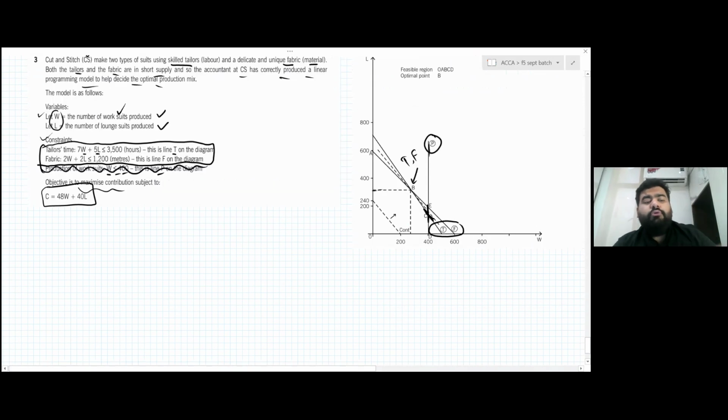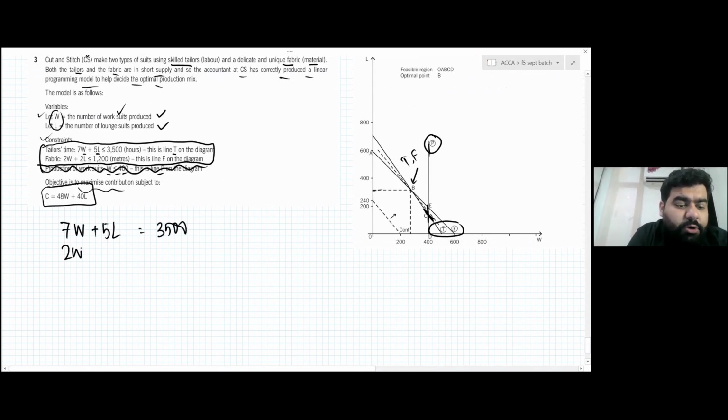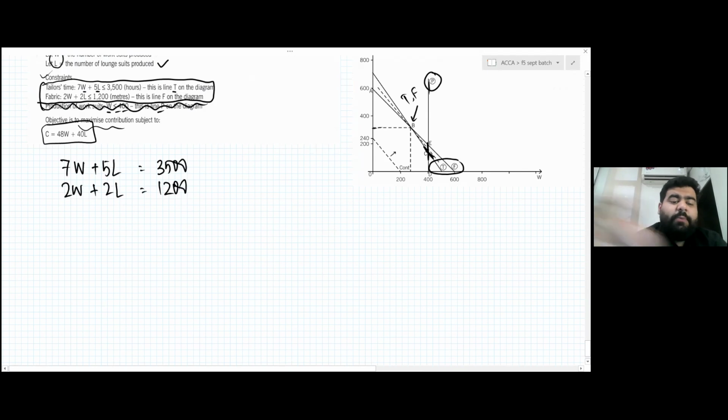So first we will do the normal calculation. We know one equation is 7W plus 5L is equal to 3500, and the other is 2W plus 2L is equal to 1200. From there, we will calculate the number of units of W and L. How? Again, the same simultaneous equation.